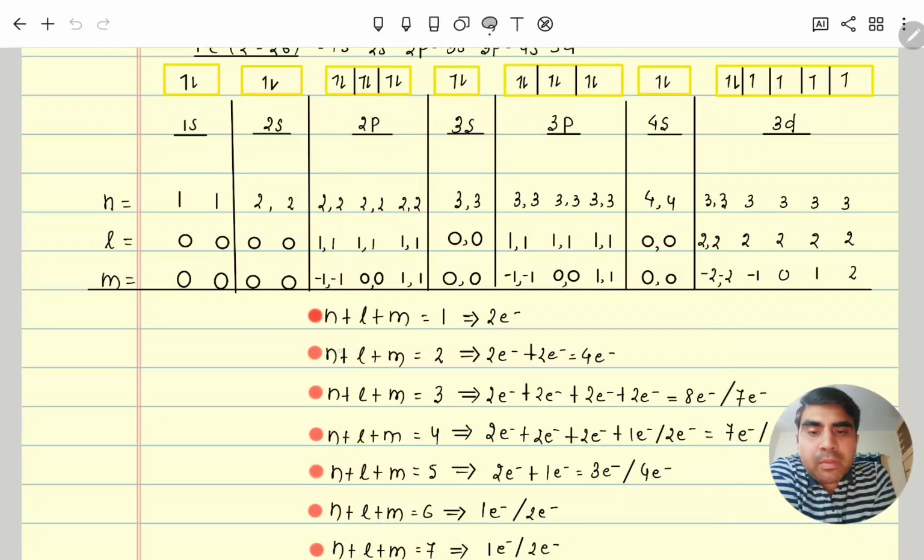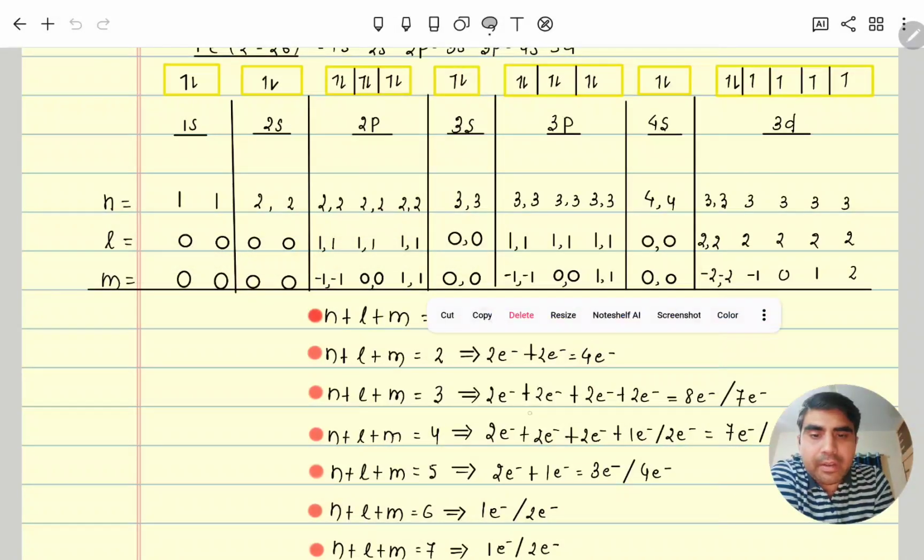Next, n plus l plus m equal to 2. Here these 2, and here also, the minus and plus cancel. So total 4 electrons.